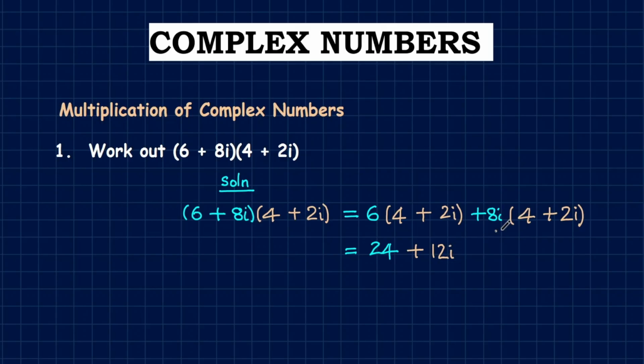Now we move to the next one here, 8i times 4, we get 32i, so we say plus 32i. Now we're going to multiply the last one here, 8i times positive 2i, we're going to get 16, and this 16 is having i squared, because i times i is i squared.